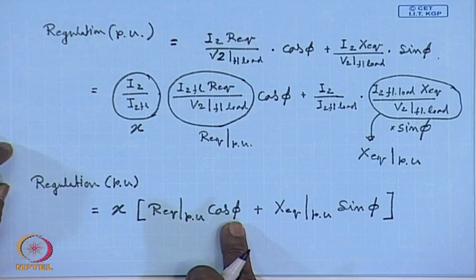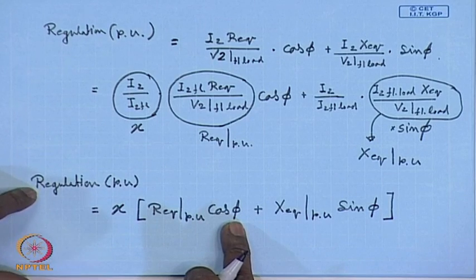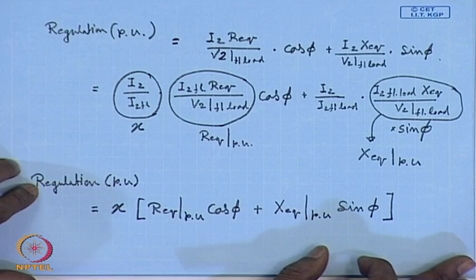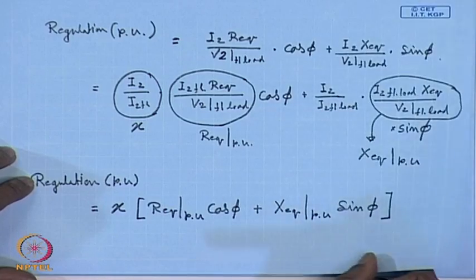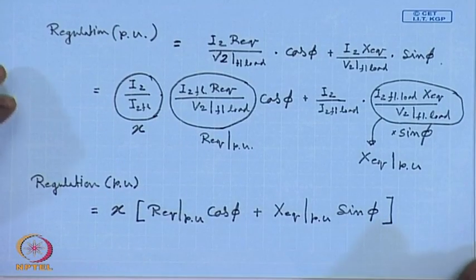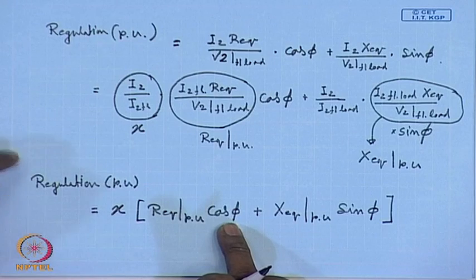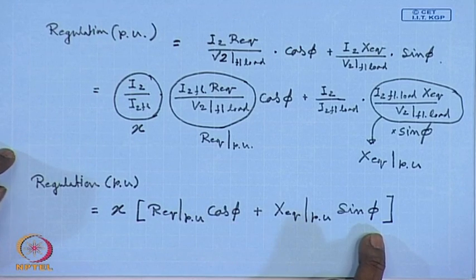Where the phase angle phi is assumed to be positive if the load is lagging and negative if it is leading. So this is the general expression of per unit regulation.